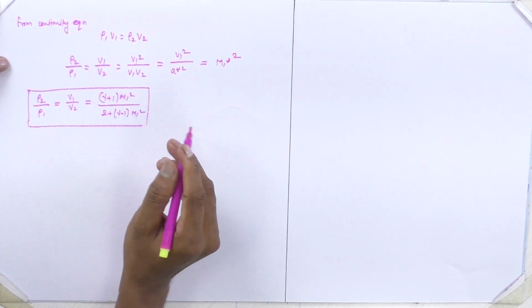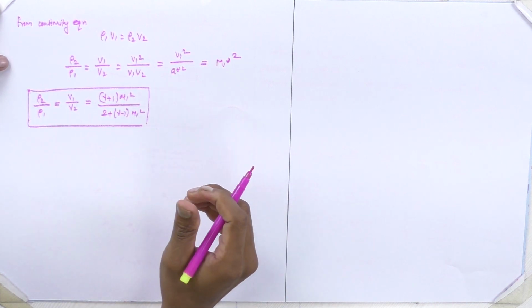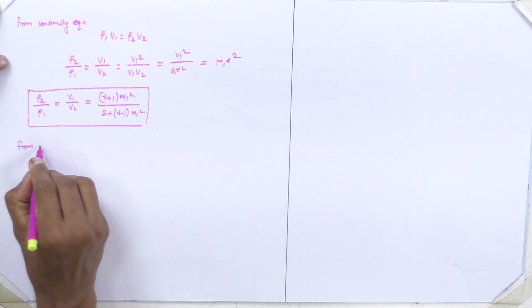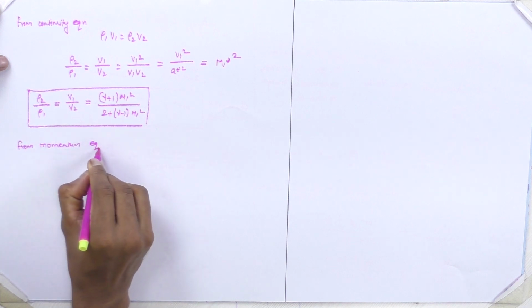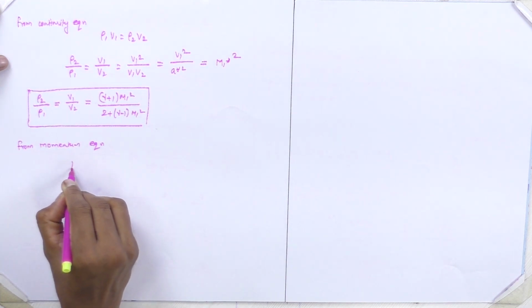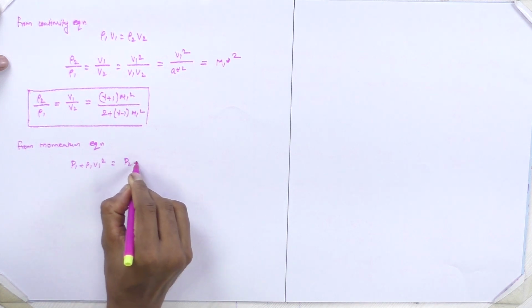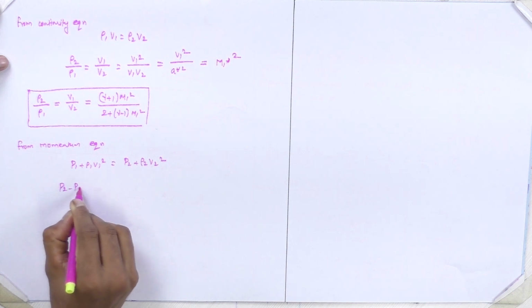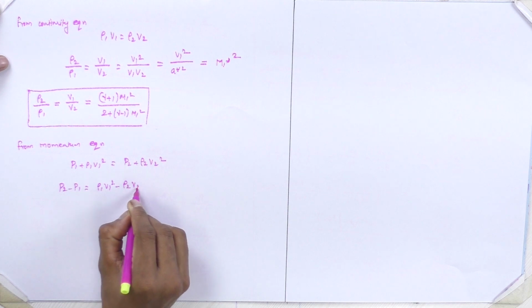Similarly, if we have to relate pressure ratios and temperature ratios, to relate the pressure ratio I am going to use the momentum equation. We know that P1 plus rho 1 V1 squared is equal to P2 plus rho 2 V2 square. So P2 minus P1 is equal to rho 1 V1 square minus rho 2 V2 square.